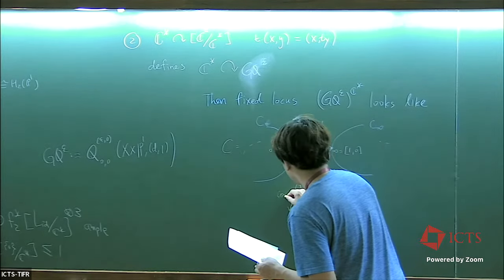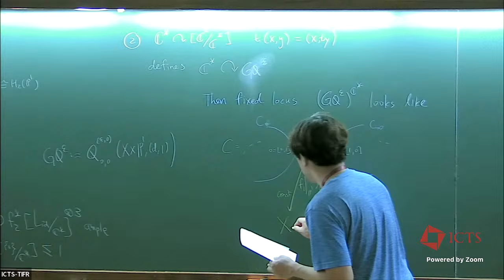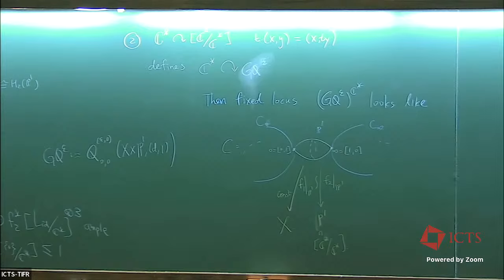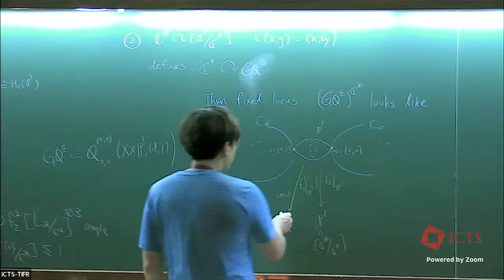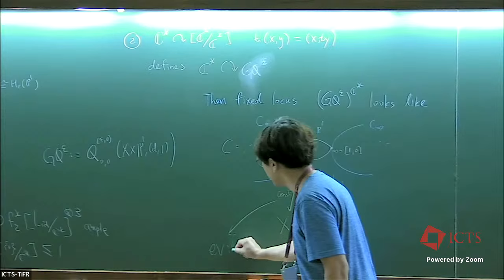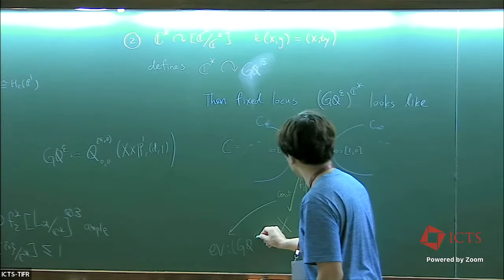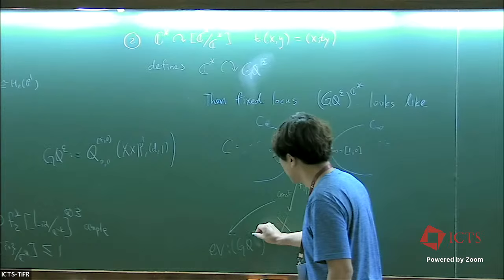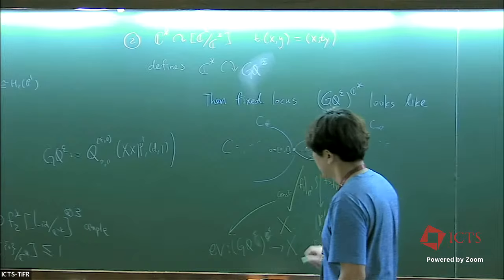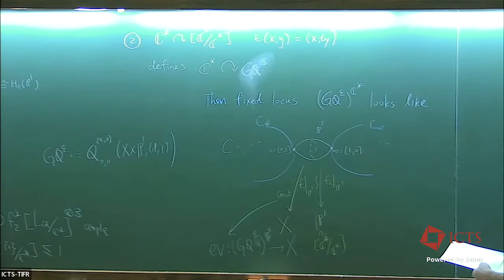This is constant to X, and we call this constant map the evaluation map, with the evaluation map defined from the fixed locus only, because it is not defined on the whole space. So we have this map.